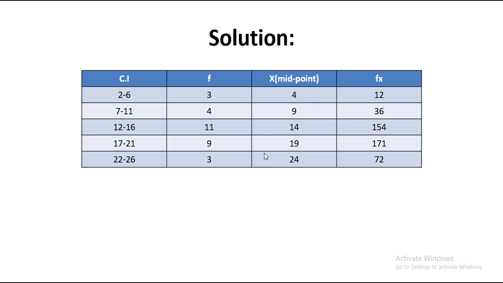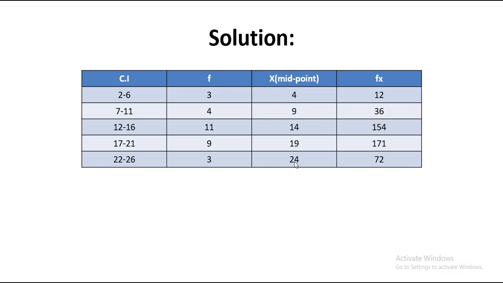In this case, the formula is summation fx divided by summation f, and x represents the midpoint for a grouped distribution. So the first thing, whenever a grouped frequency distribution is given, is to add this column, the midpoint column.